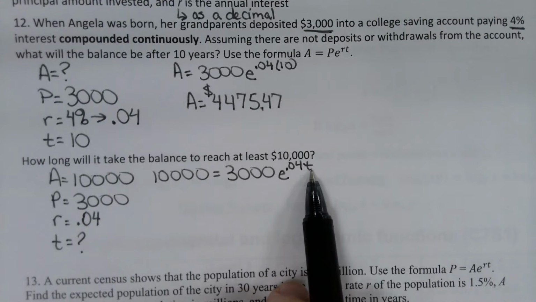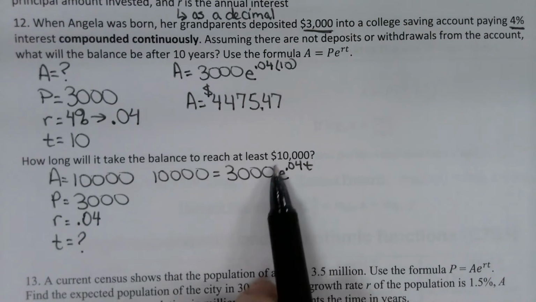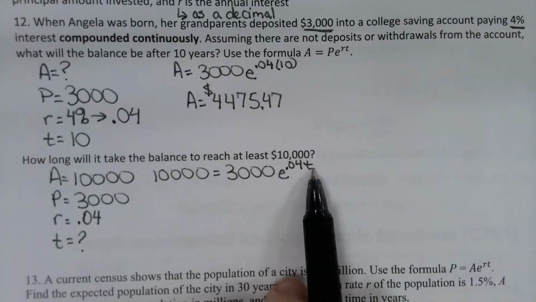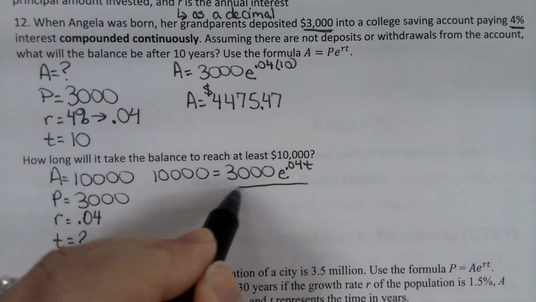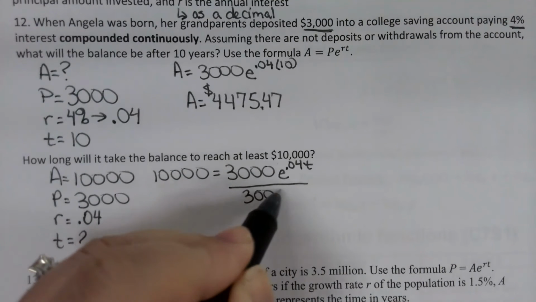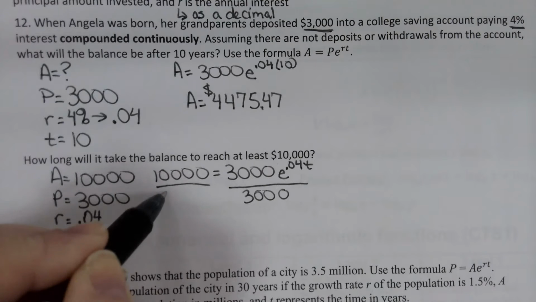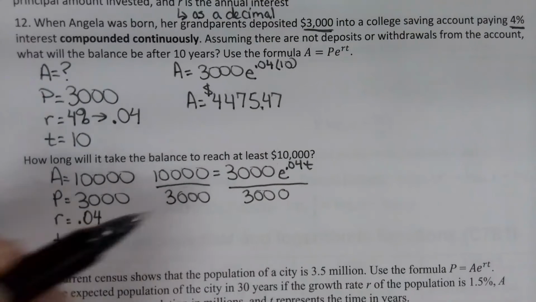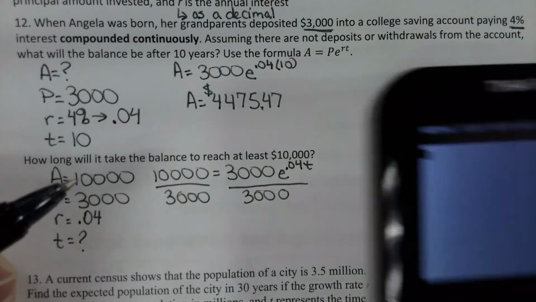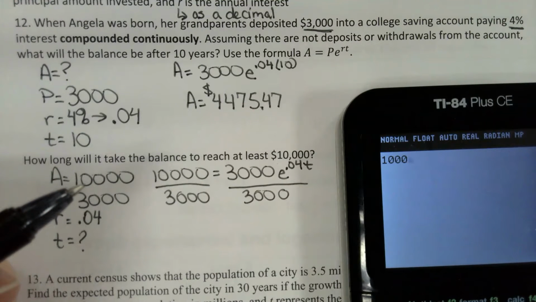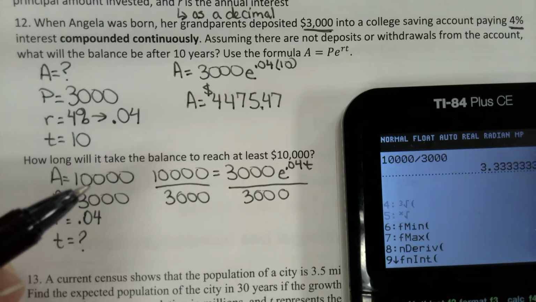So just like we practiced solving in the problems at the top of the page, we need to get this power all by itself. We do that by dividing by 3,000 on both sides. It's going to be a decimal, but we can use it as a fraction. 10,000 divided by 3,000. Change it back to a fraction.